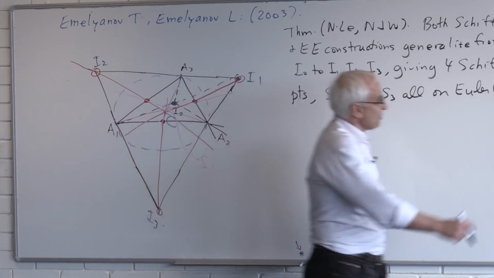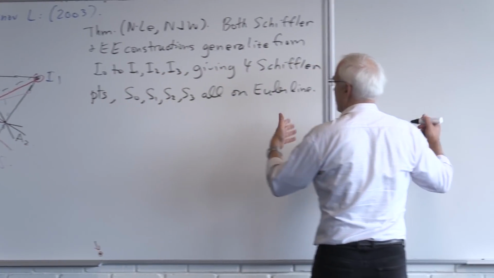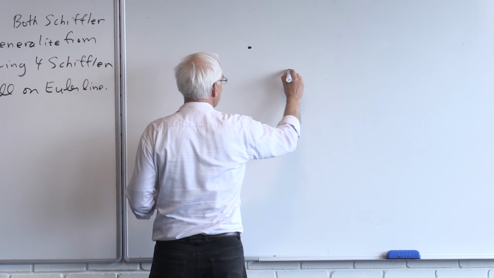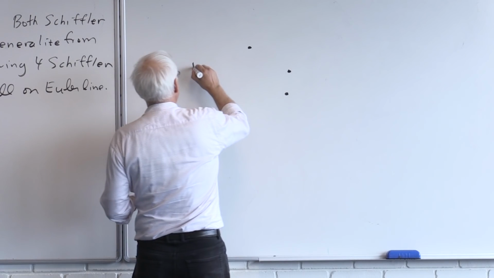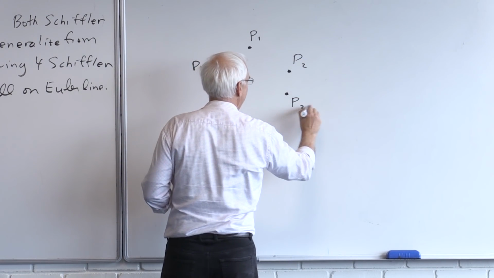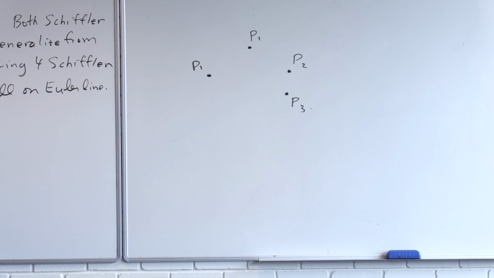So to explain that, let me do it in a much more general situation. So I'm going to just choose 4 points, P0, P1, P2, and P3. I'm going to mimic the Emelyanov construction.